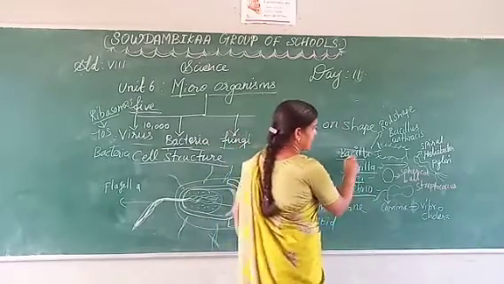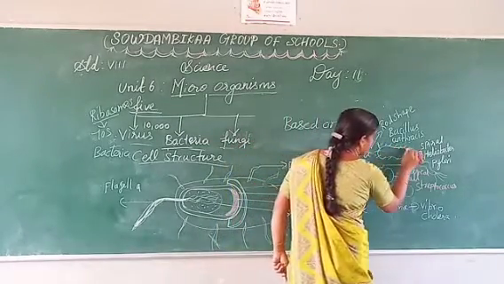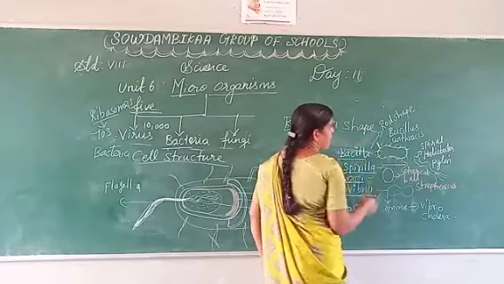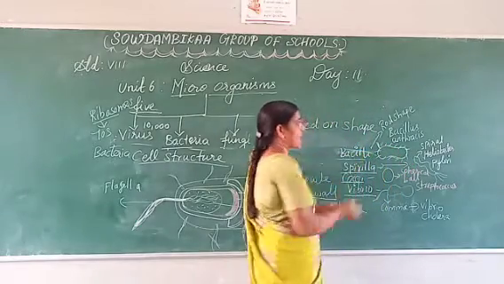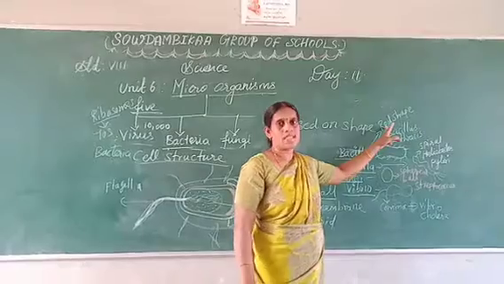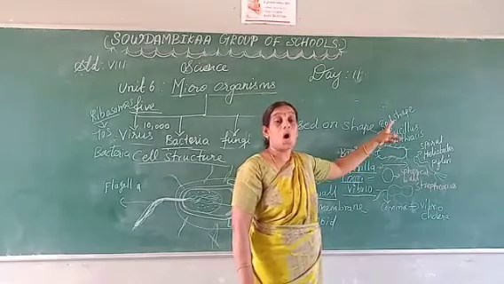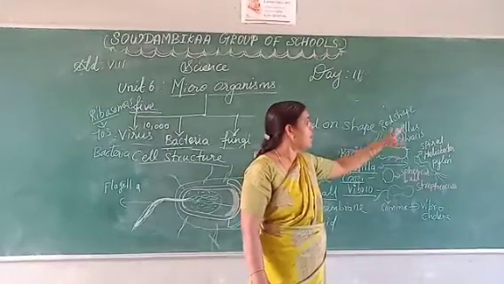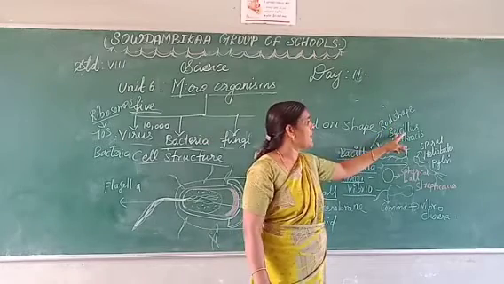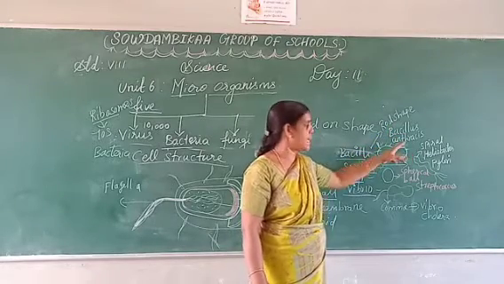Okay, bacilli. This is the shape of the bacilli, and this is the flagella. What is the shape of the bacilli? Rod shape. An example of a rod shaped bacteria is Bacillus anthracis.